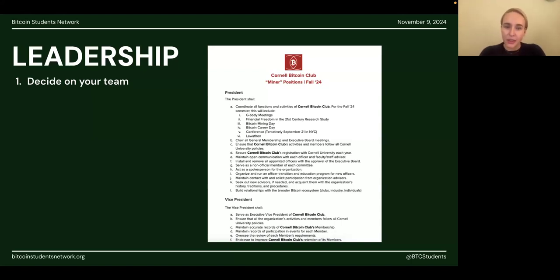So we went with a subcommittee model: one for athletics, one for academics, one for alumni. You really want to think about how you can engage the whole community, dividing that up based on what other groups your members and leadership team are already in. For instance, unlike many other clubs, there's just one Bitcoin Club for the entire university.